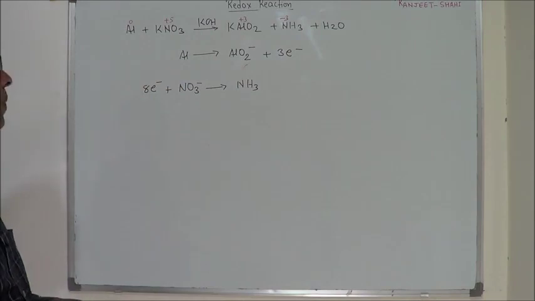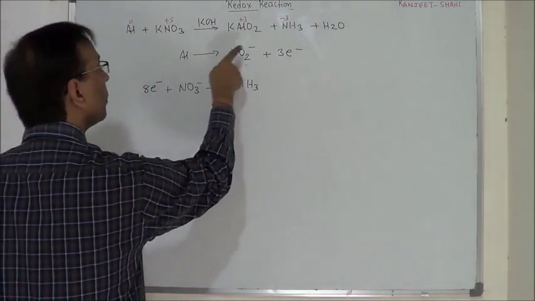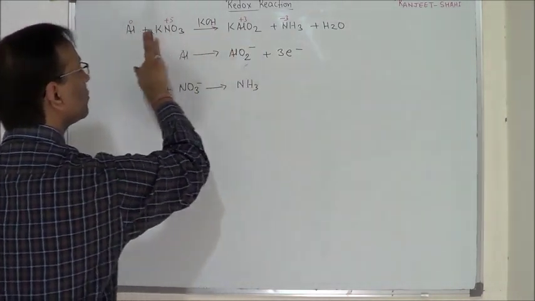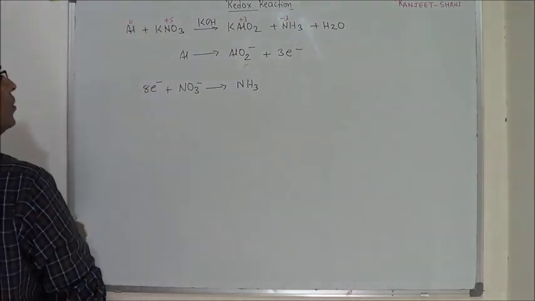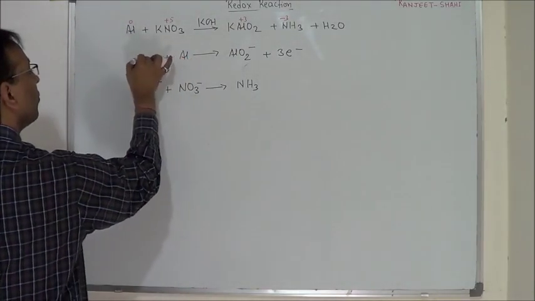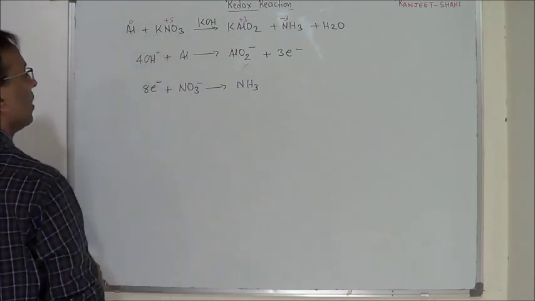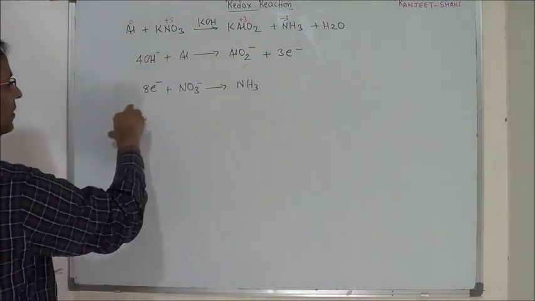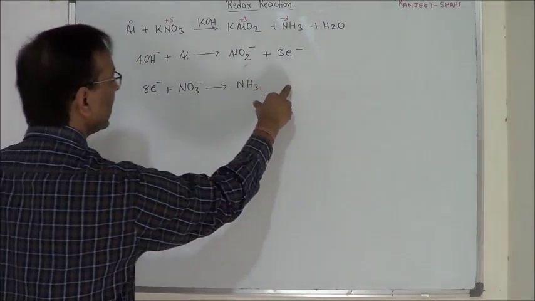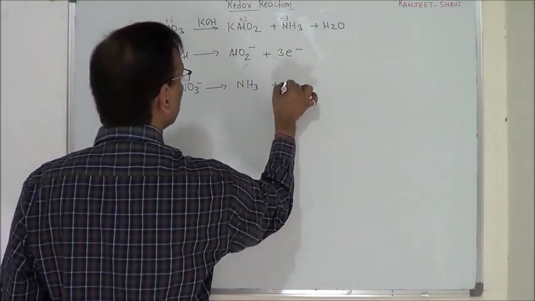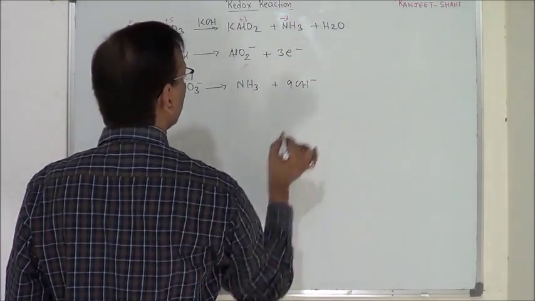Charge balance. 0 minus 4, so minus 4 on this side also, the lower charge, so 4 hydroxide. Minus 9, so minus 9 on this side also, 9 OH minus.